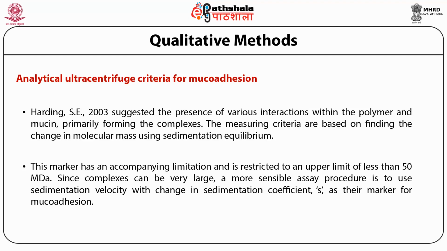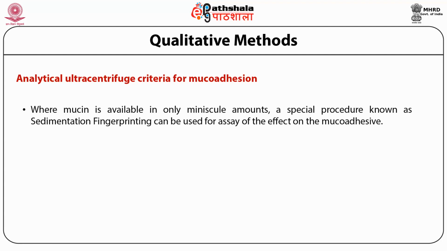complexes can be very large, a more sensible assay procedure is to use sedimentation velocity with change in sedimentation coefficient S as their marker for mucoadhesion. Where mucin is available in only minuscule amounts, a special procedure known as sedimentation fingerprinting can be used for assay of the effect on the mucoadhesives.